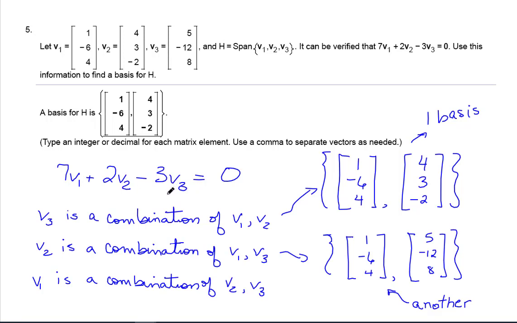They want us to find one basis. There's lots of them because I could consider v3 is a combination of v1 and v2, which means I've got a basis that looks like this. I could find that v2 is a combination of v1 and v3, or v1 is a combination of v2 and v3. So they just want one basis. I could generate several.